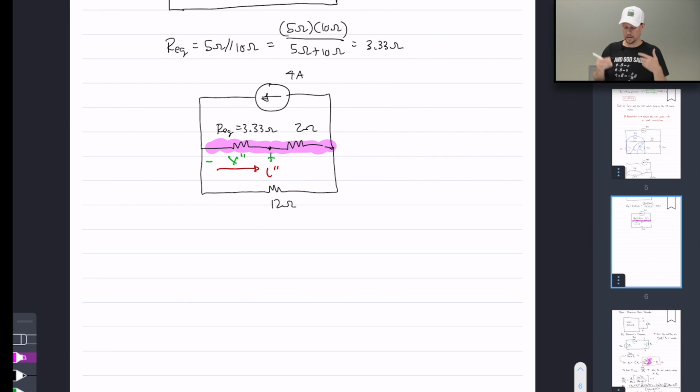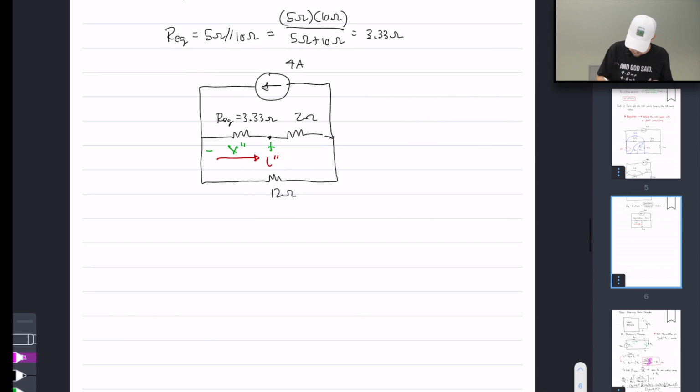If I can find that, I can multiply by the resistance of 3.33 ohms. I get the voltage V double prime. However, we have to respect the passive sign convention. Notice that the current, using current division, as this 4 amp current goes in through there, it has to go in that direction. However, that current is going in the direction of the voltage rise, not the voltage drop.